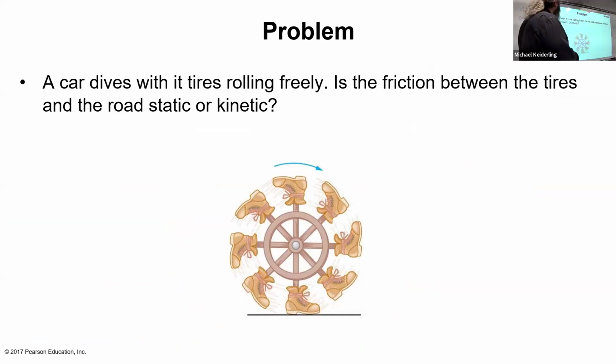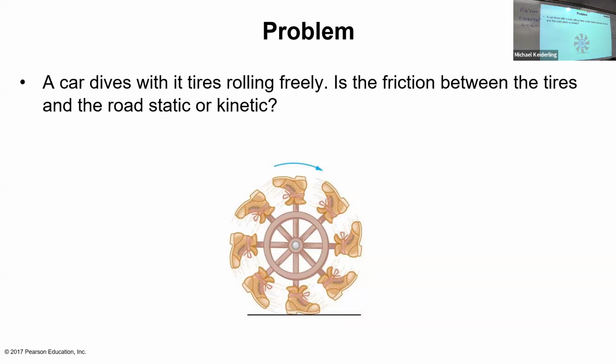A helpful thing to think about is, what would be going on if you had a wheel that was made of a bunch of feet, a bunch of shoes as it rolled? Because when you walk, your feet don't move with respect to the ground. So that's clearly static friction. So when a car drives along the road, do you think it's static friction or kinetic friction?